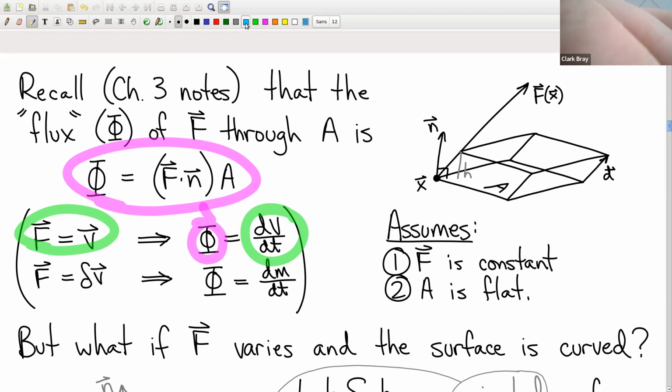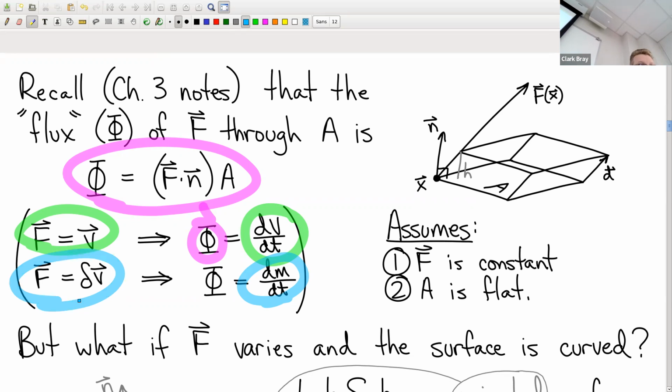On the other hand, kind of a different question now. Suppose I want to know the mass of the fluid that's passing through my surface. Well, then I need my vector field to be adjusted. I've got to have a factor of density thrown in there.